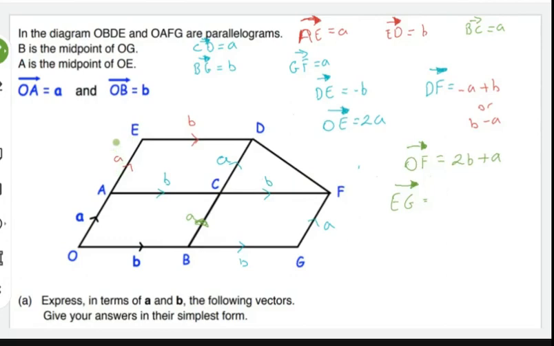I went from E to A to O to B and into G, down this way. So are you going with the arrow or against the arrow? Oh, is it plus 2b? Okay, yep. So going from E to O, you're going against the arrow, so indeed that's going to be minus 2a. And then as you go from O to G, you're going with the arrow, so that's plus.